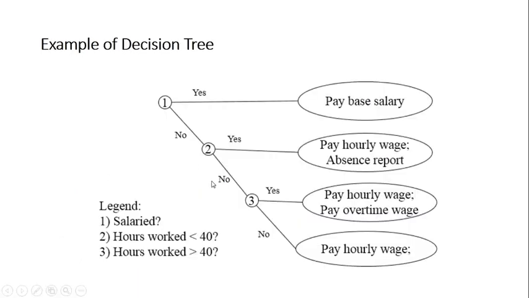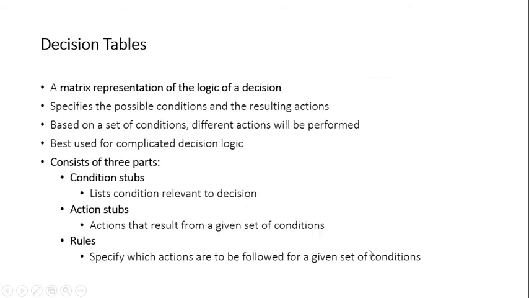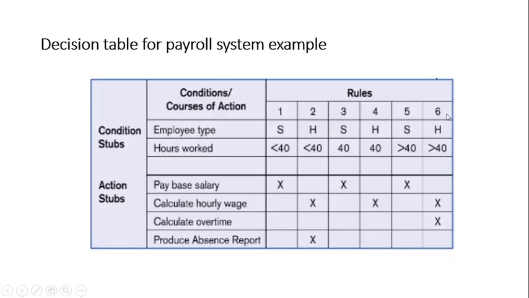The last condition, if he works for equal to 40 hours, pay him the hourly wage simply, right? Now if it is greater than 40, calculate the hourly wages and calculate the overtime also. You have to give both hourly wages as well as the overtime pay.